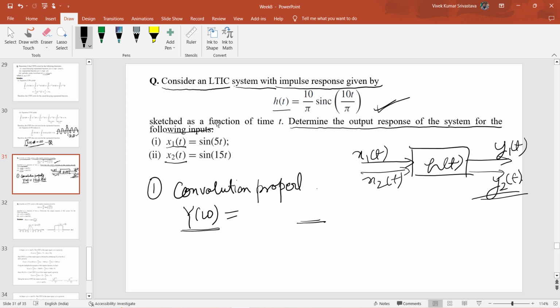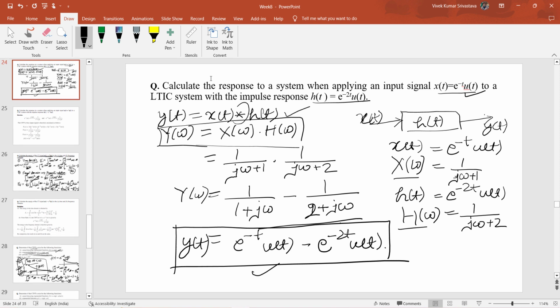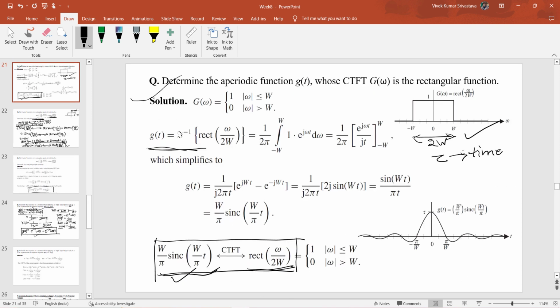From the previous problem, we have seen that if (W/π) sinc(Wt/π) is in the time domain form, then the corresponding frequency domain is represented by the rect function, rect of omega by 2W.